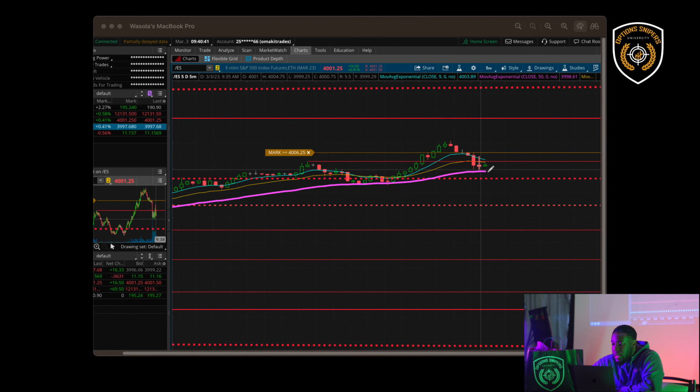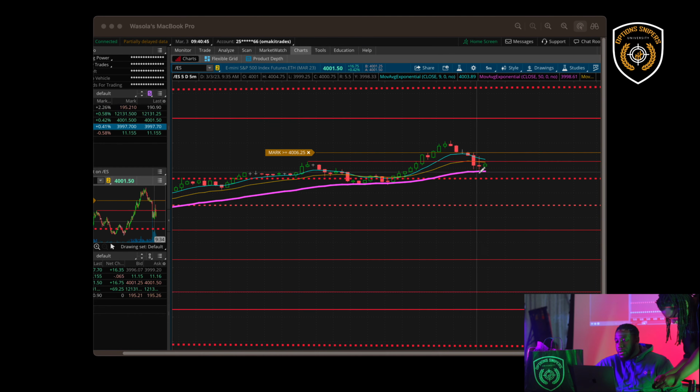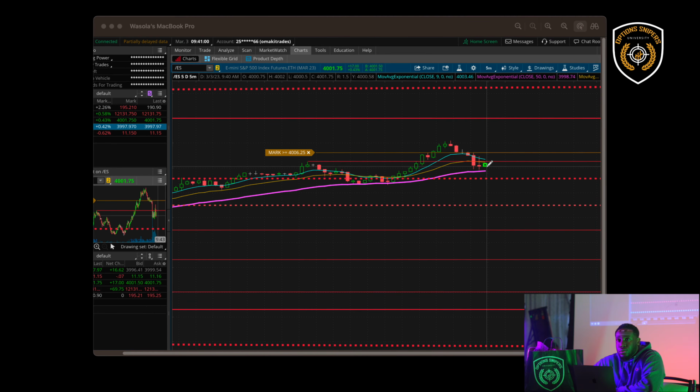Now, another thing I like looking at as far as candle formations, okay, where are we opening, right? If I were to say we have a higher low, what does that mean? That means that this candle had its own low, and then the following candle's low was higher than the previous candle's.